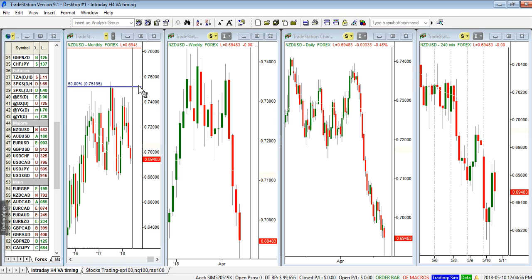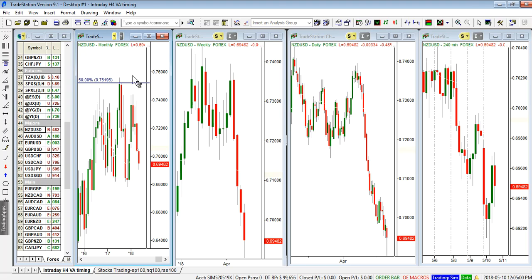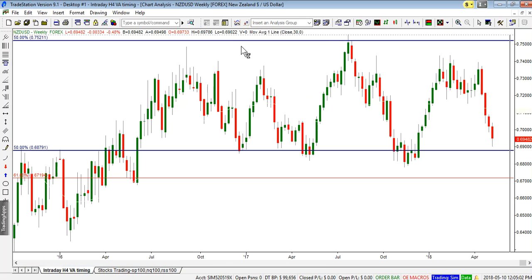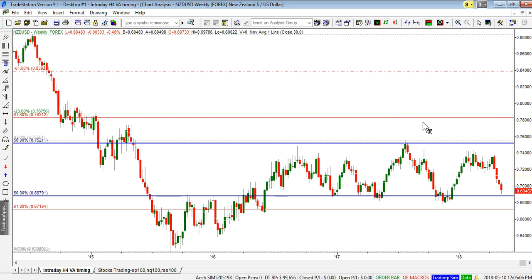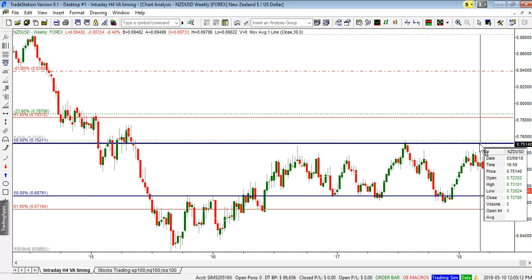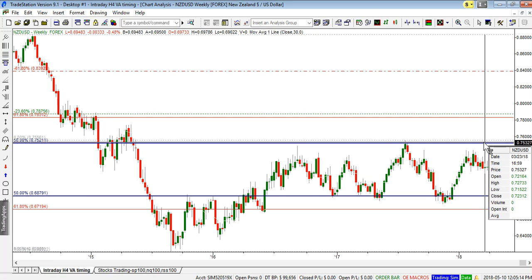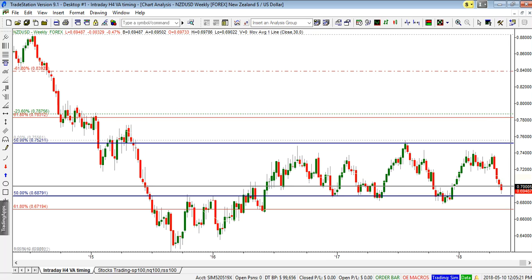All right, so let's look at the majors here, starting with New Zealand dollar, US dollar. This market is in a big range here. When we look at the weekly, the 75.21 traded last year. This year the market was not able to get back into that level, which obviously is a sign of weakness here.